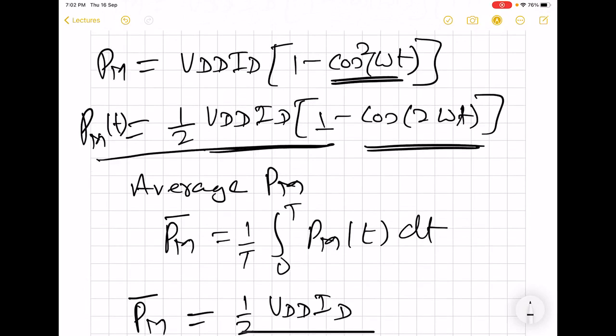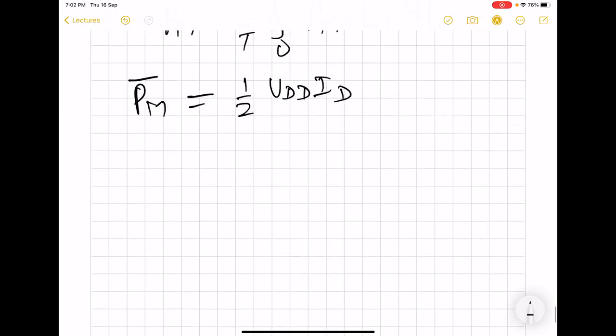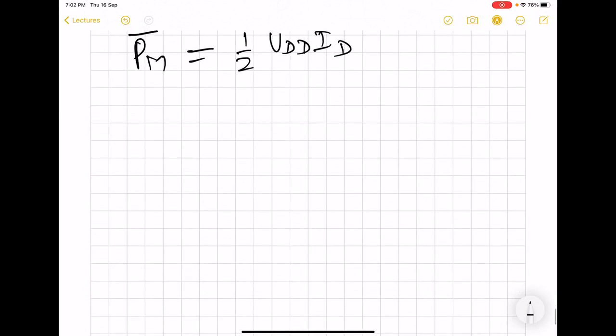But now if we plot this instantaneous power with respect to the other waveforms that we plotted, then we can see that we are going to have this behavior. So for example, this is the input waveform.